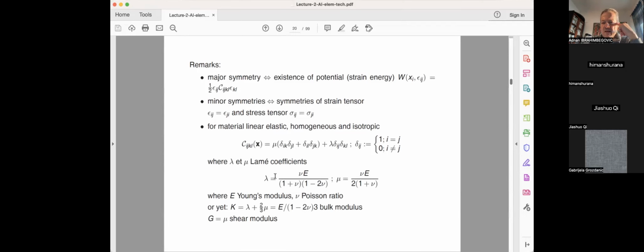So lambda is written as nu times E divided by (1 plus nu)(1 minus 2 nu). E is again Young's modulus, and nu is something called the Poisson's ratio. And mu is actually the shear modulus. So this should be E divided by 2(1 plus nu). The nu here is extra, so this is a typo. So kick it out, please.